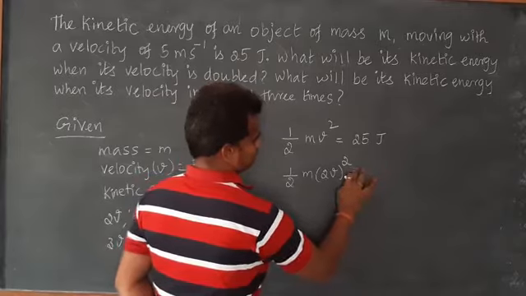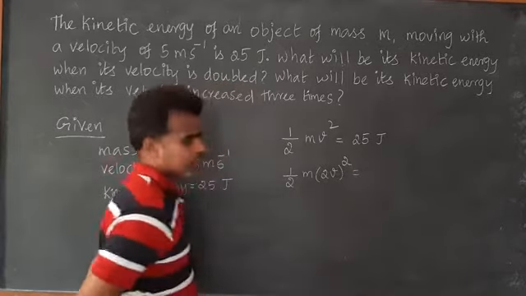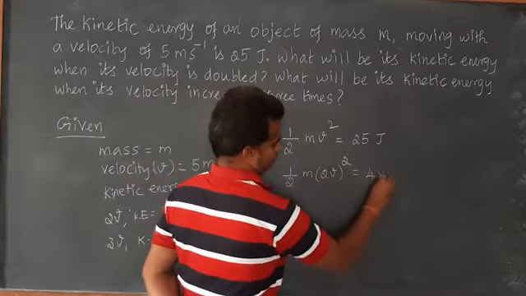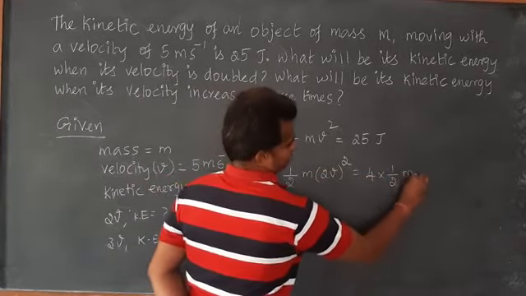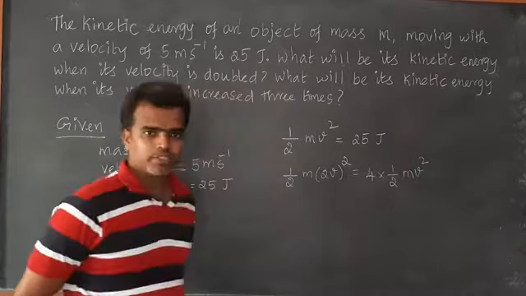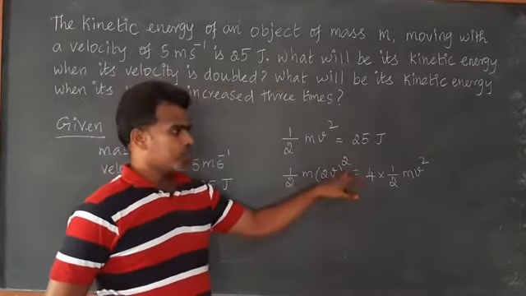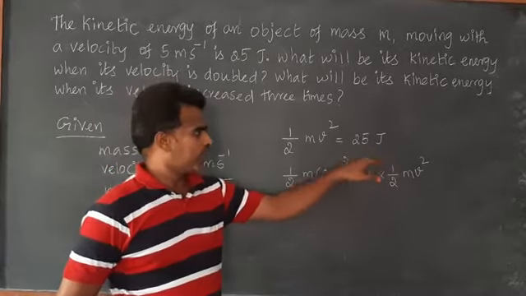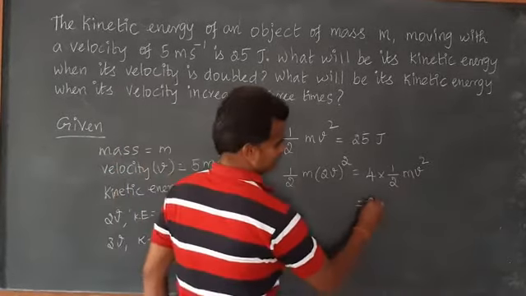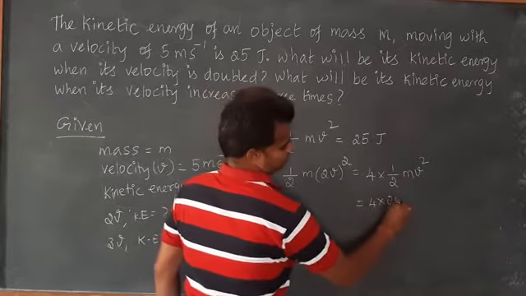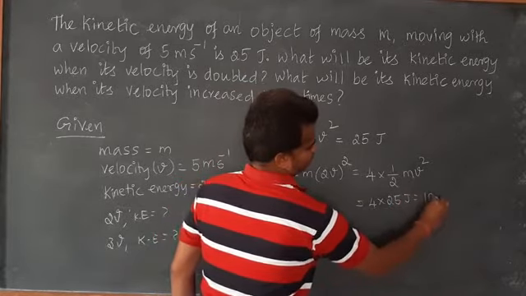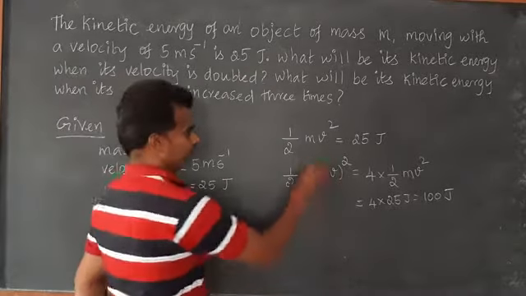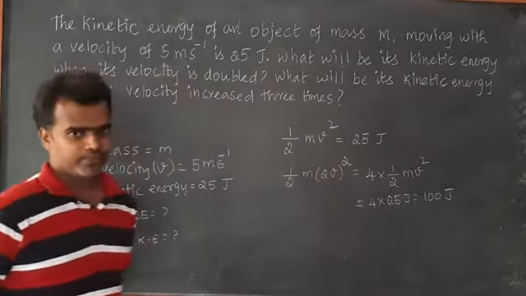What is 2 square? 4, so 4 into half m v square. So 2 square is 4, remaining half m v square. What is the half m v square value? It is 25 joule. Therefore, the answer is 100 joule if the velocity is doubled.